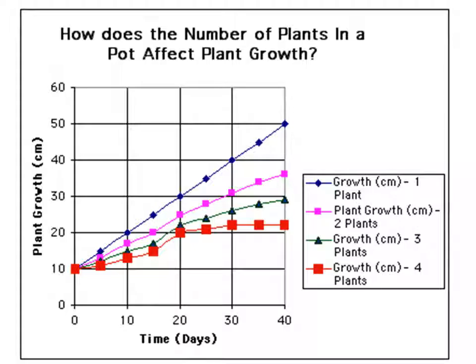And for example, at 4 plants per pot, it was about 22 centimeters of growth. So the answer to the question you had in the beginning, how does the number of plants in a pot affect plant growth? The more plants in the pot, the less growth results after 40 days.